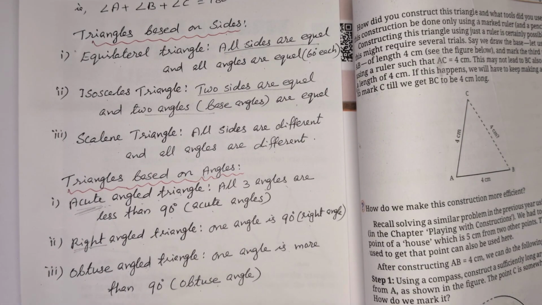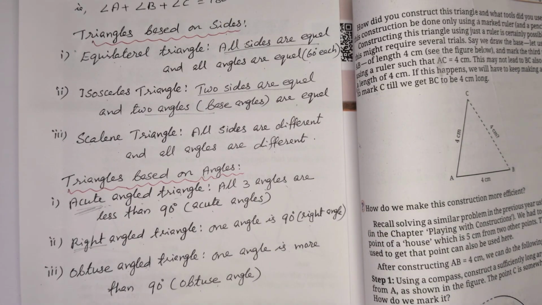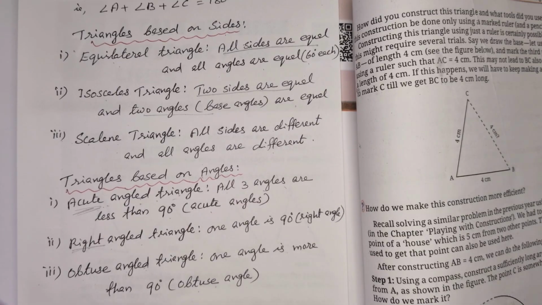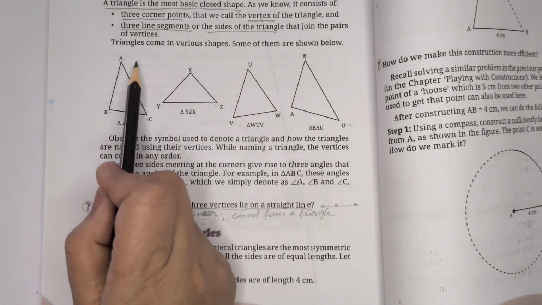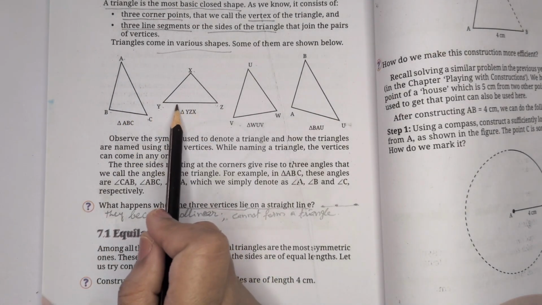This is the classification of triangles based on sides and angles. Based on this, we get different shapes when we draw triangles according to the measurements. Here they are saying triangles come in various shapes, based on the angles and sides.